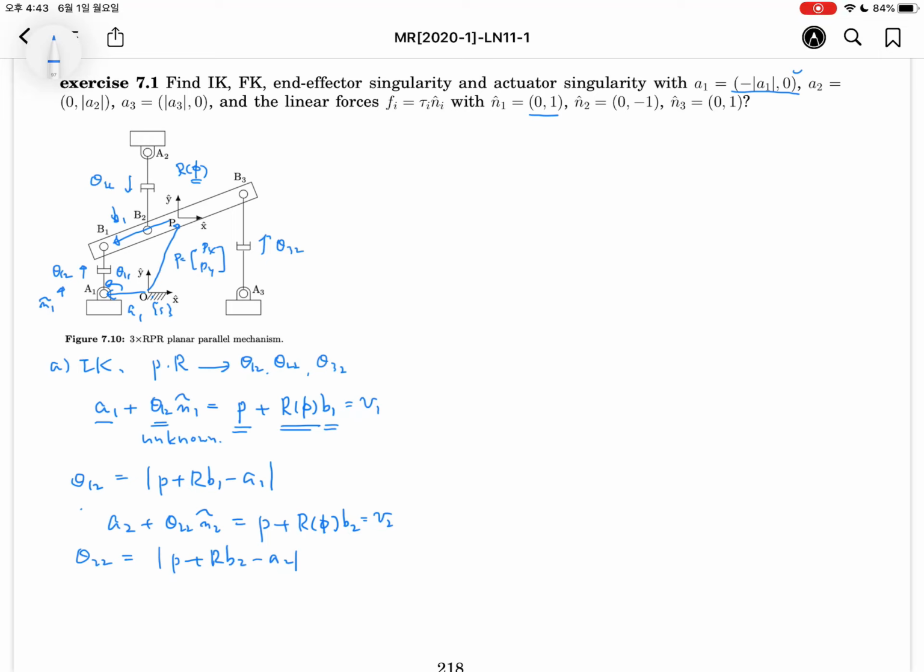The third loop can be found using a similar procedure: A3 plus theta 3 n3 equals p plus Rb3, v3. So theta 3 can be found using the magnitude of p plus Rb3 minus A3. So this is the procedure to solve the inverse kinematics of this mechanism.